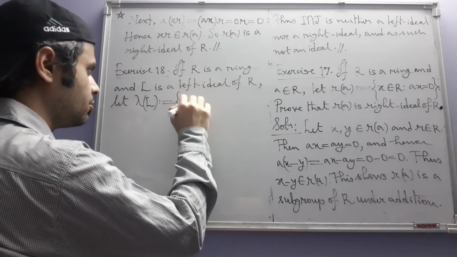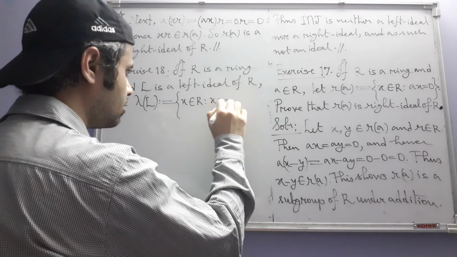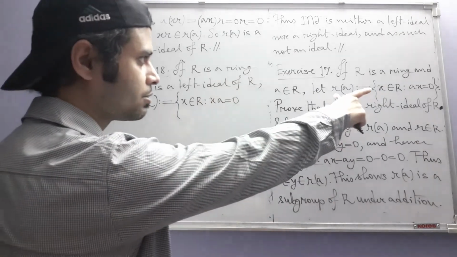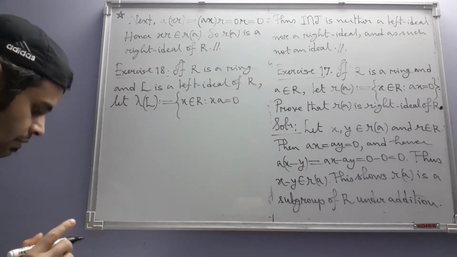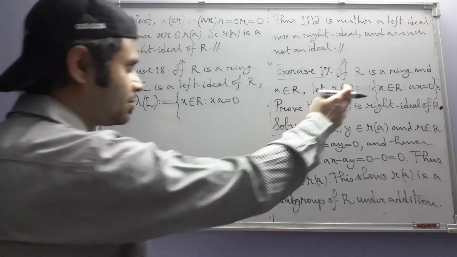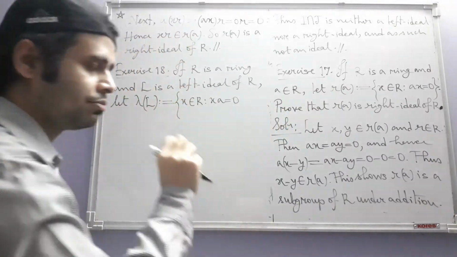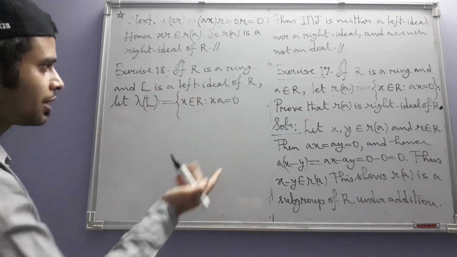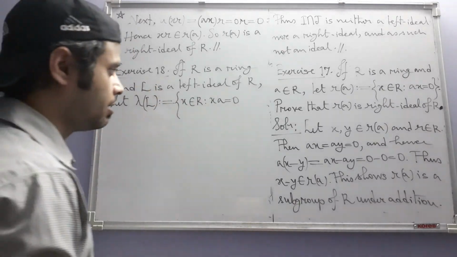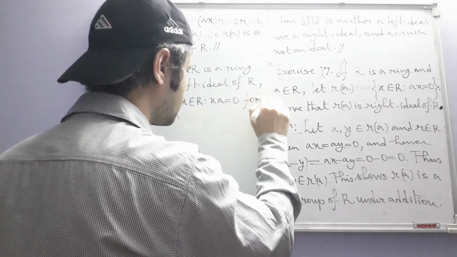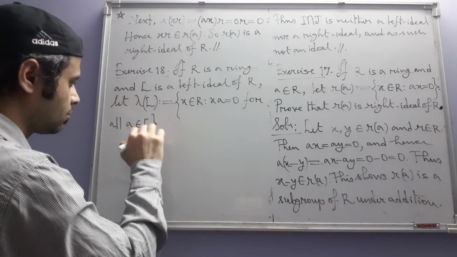It's the set of those elements in the ring such that XA is equal to 0. Note the difference, that one was AX, but this is XA is equal to 0. But what A? Now we haven't chosen any A here. Here we already chose an element A which was fixed. Now we don't have any A, but we are going to vary this A over the left ideal L, for all A belonging to L.